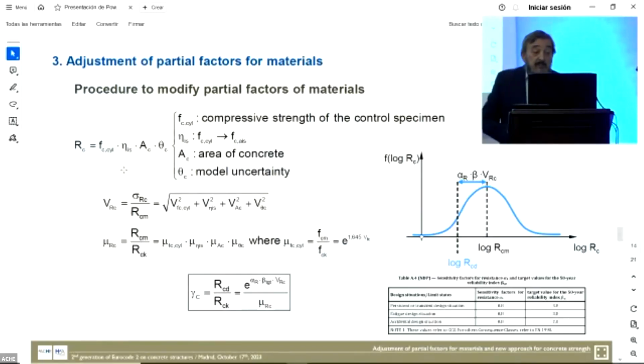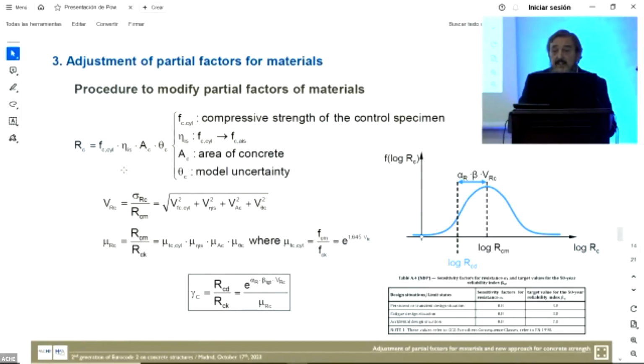All these variables, even the resistance RC, are treated as log normal distributions as they have no negative values. So the variation coefficient and the bias coefficient as a function of these variables are given by this expression.